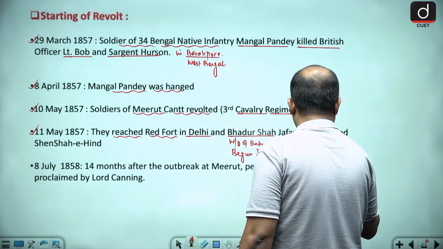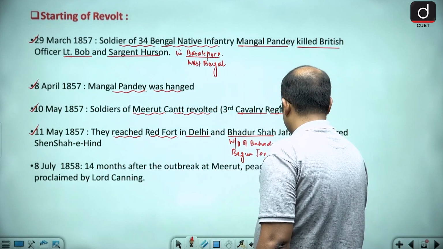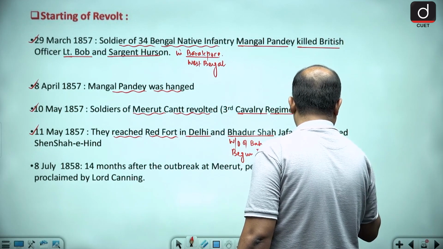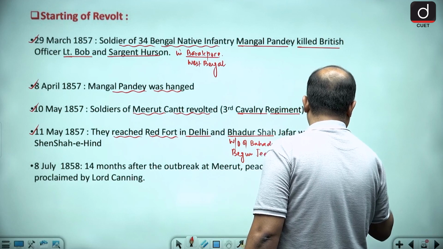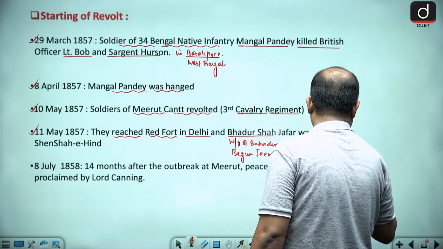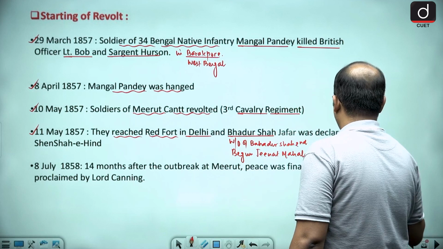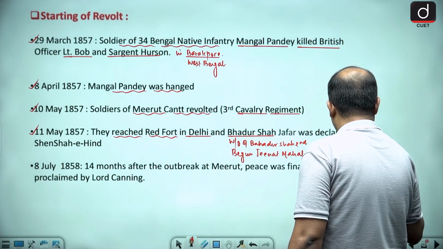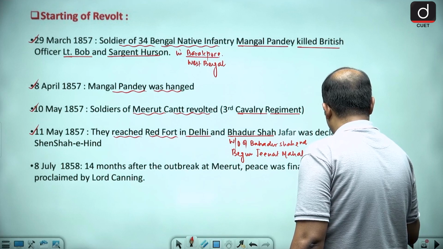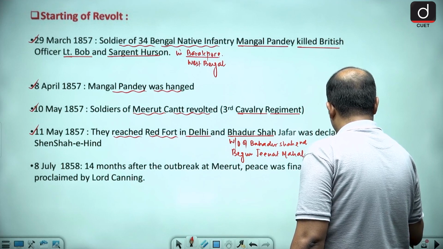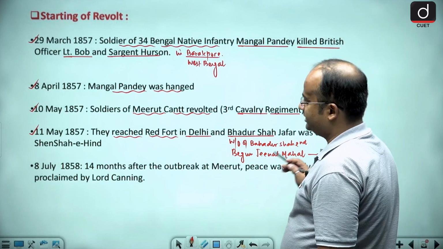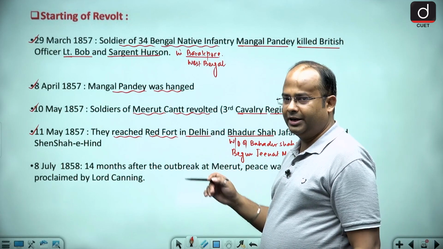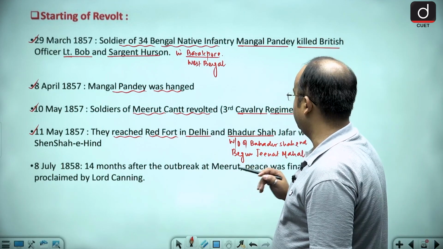She opened the door, and the revoltees came inside. Revoltees came inside and they said that we want to revolt against the British government under your political leadership.